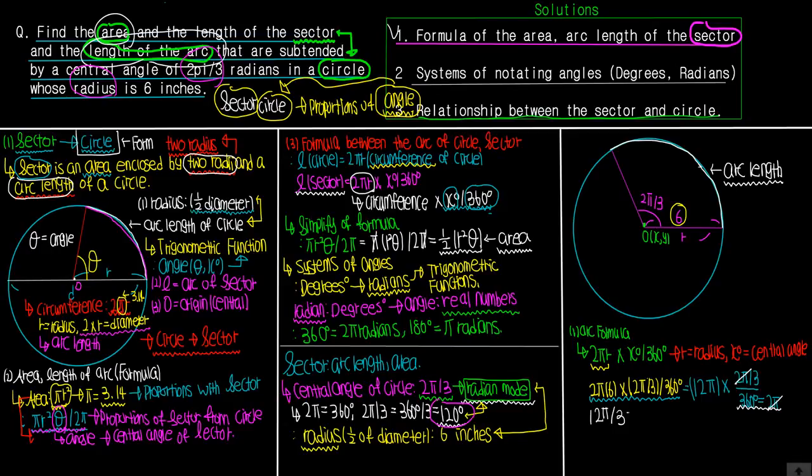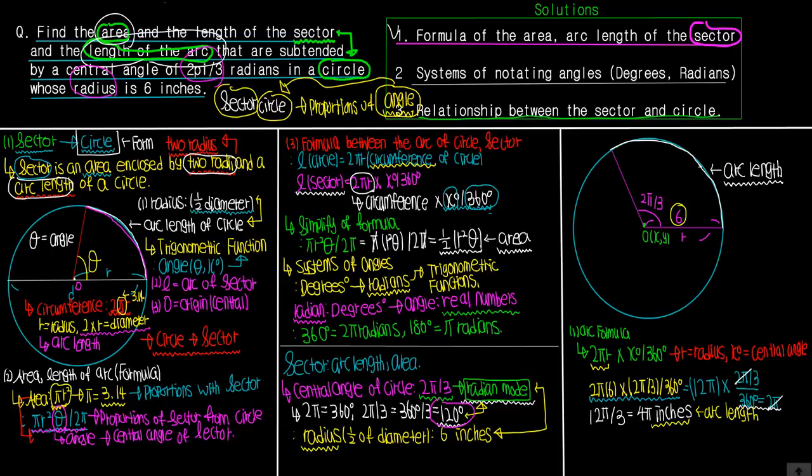What is 12 pi divided by 3? It is 4 pi, so 4 pi inches will be our arc length.